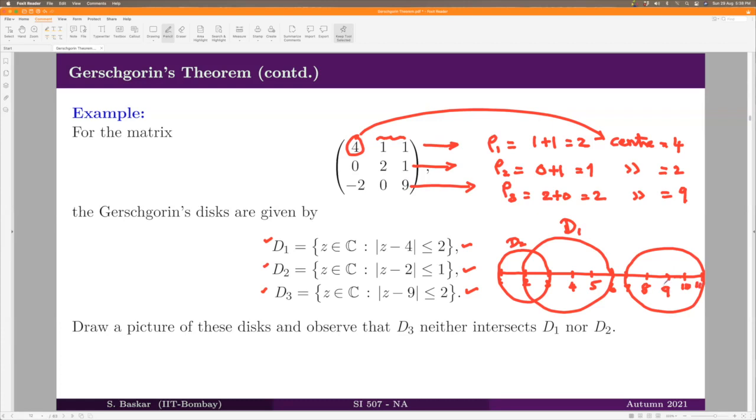Now what Gerschgorin theorem says is, you have two eigenvalues in the union of D1 and D2, and you have exactly one eigenvalue in the disk D3.